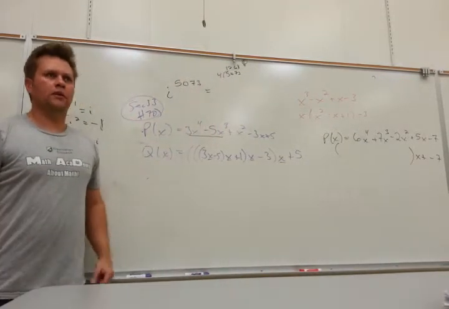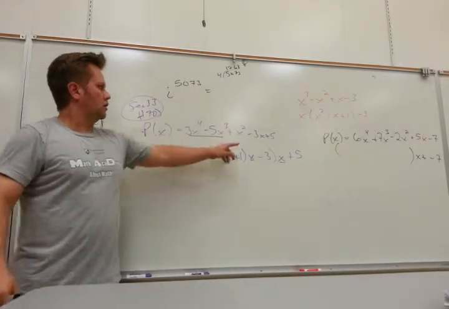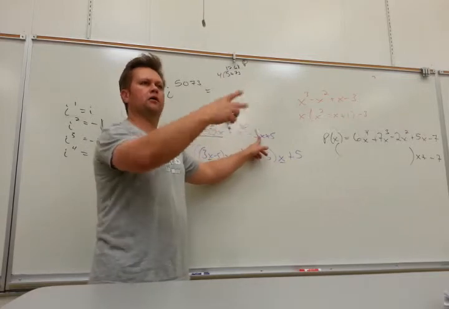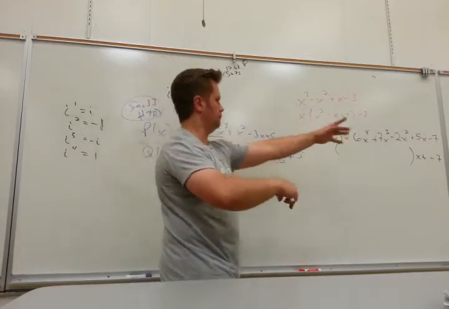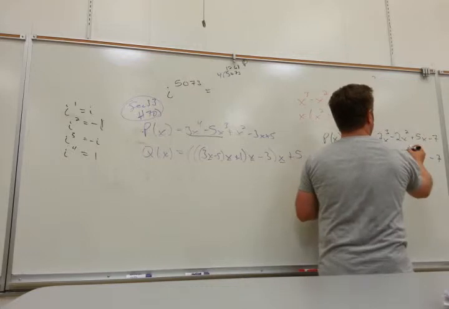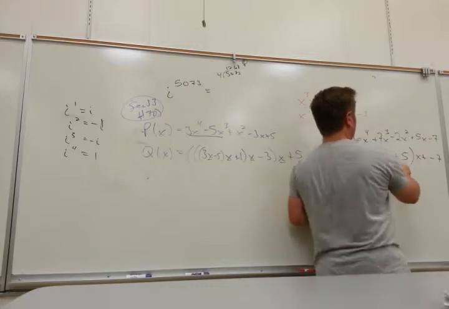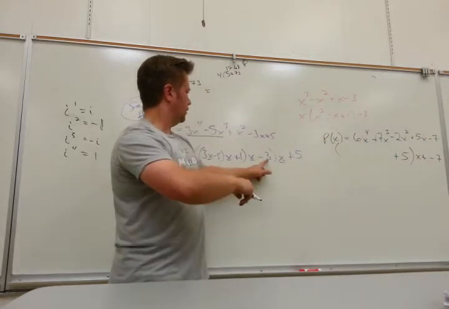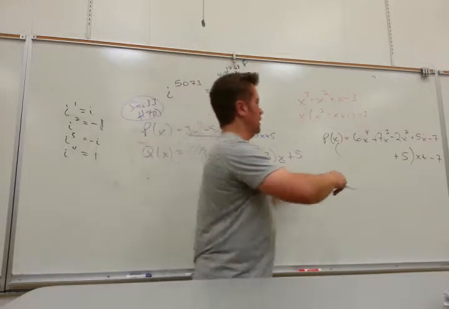You almost want to work from the back. That's how you pluck it off. So now you have a 5 plus, and notice how now you can pick another x out from in here.